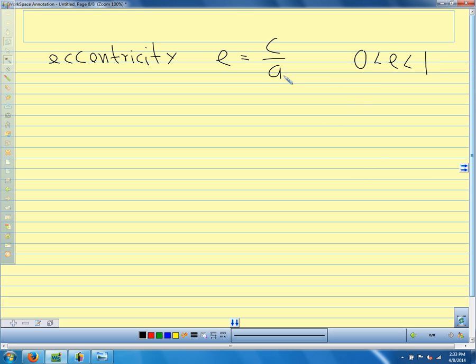If the eccentricity is close to 0, then c and a are close to being the same. So our focus and our vertex are at about the same distance, and we end up with something that's close to a circle. If the eccentricity is close to 1, then the ellipse is more stretched out. So this tells us how stretched out our ellipse is.